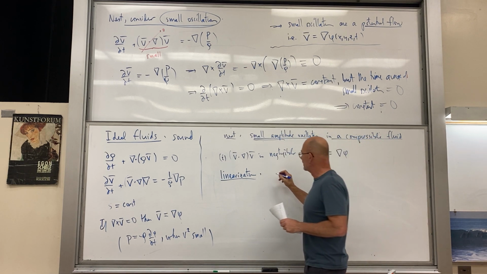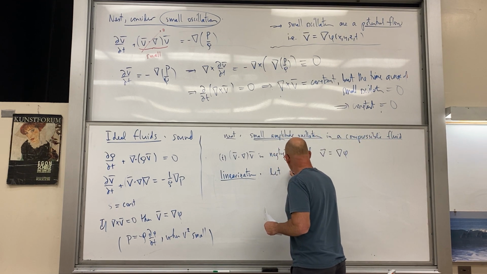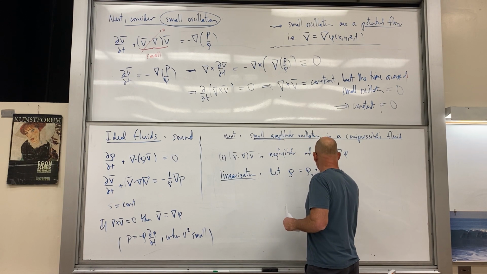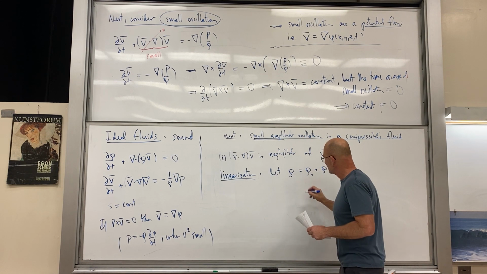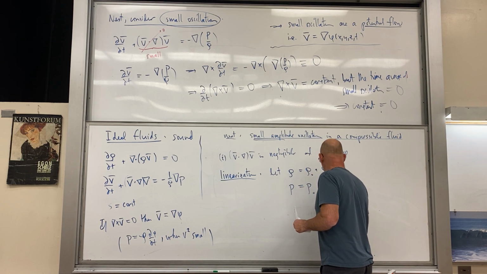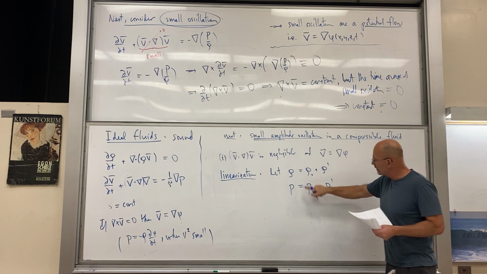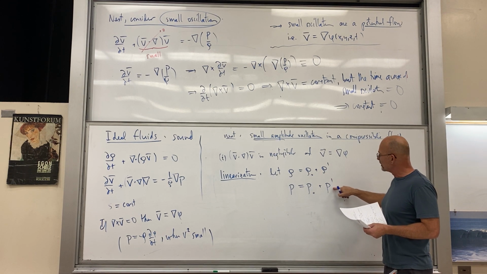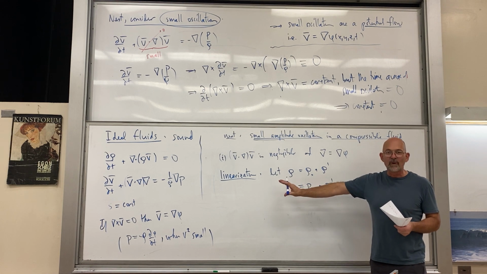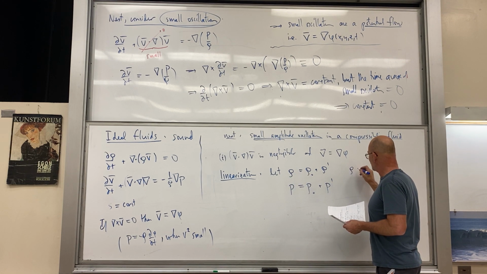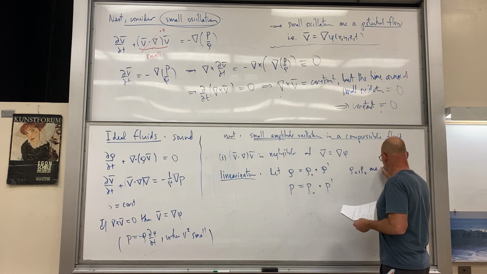What we're going to do is let rho equal rho 0 plus rho prime, p equal p0 plus p prime. So rho 0 and p0 are constants, and rho prime and p prime are the fluctuations around that constant value. Rho 0, p0 are constant.